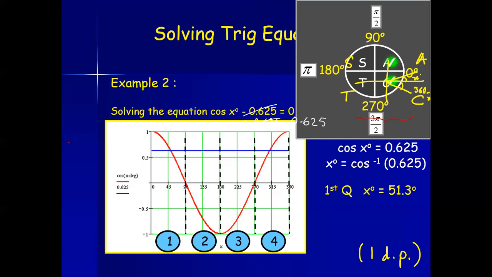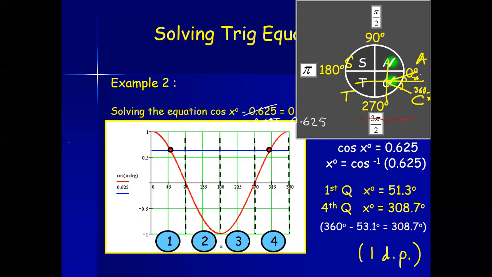So 360 take away 51.3, you should get 308.7, and you've got your two answers. This, during a test, would be 3 marks because you're going to solve the equation first, and then you're going to find the 2 points. The 2 points are here and there. So far, so good?